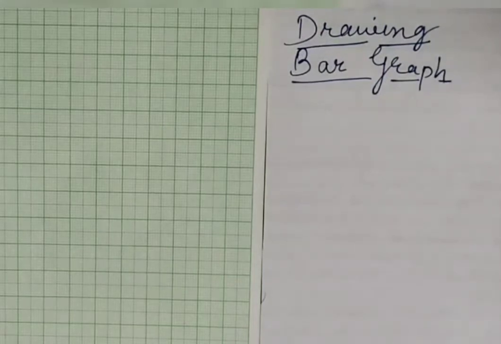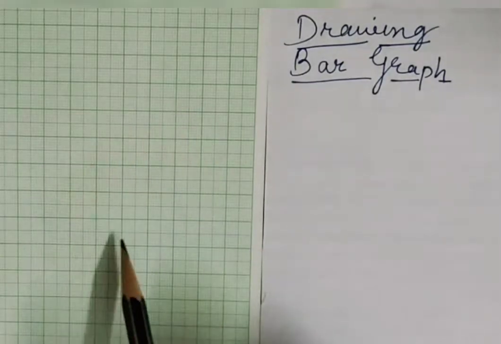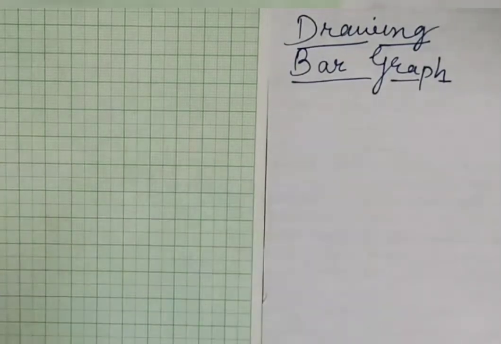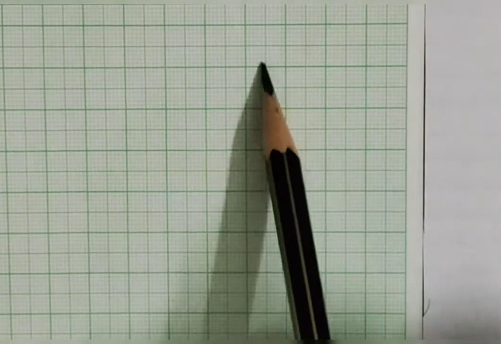So before learning how to draw the bar graph, we should know some basic things of a graph paper that I am going to tell you now. You can see this is a graph paper, and let me zoom a little more to show you. You can see these are the units.